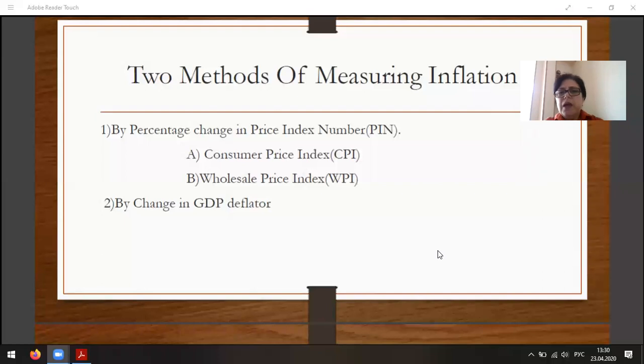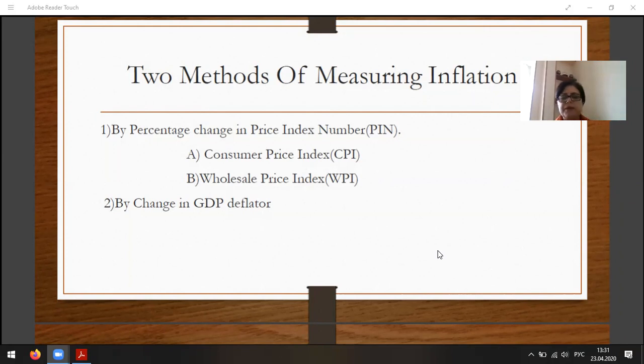Normally, we have two approaches for measuring inflation. We can do this in terms of the price index number, so-called PIN, and there we have two different tools. We can do this in terms of CPI, the Consumer Price Index, and in terms of WPI, the so-called Wholesale Price Index, or sometimes economists call this the Producer Price Index, PPI.